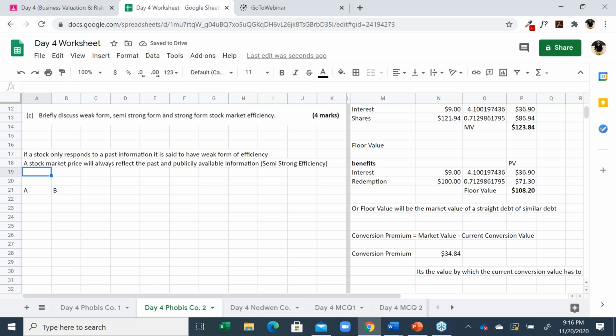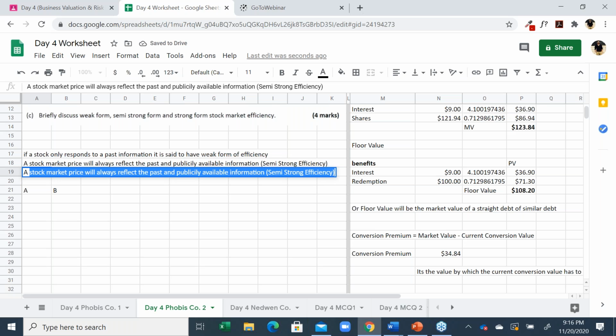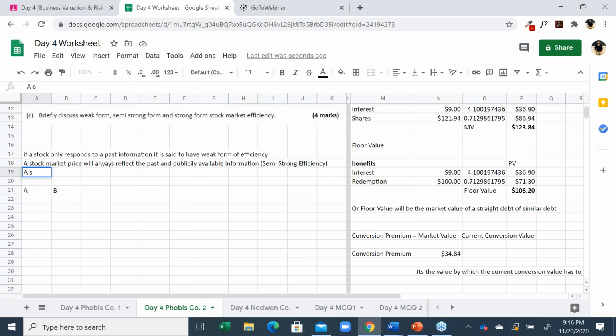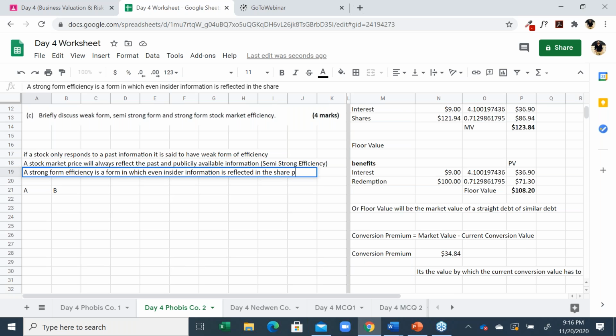And there is another one, which is an illegal form. A strong form efficiency is a form in which even insider information is reflected in the share price.